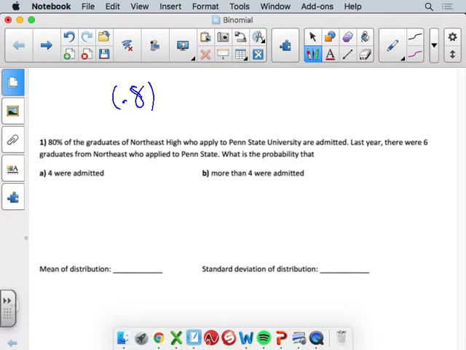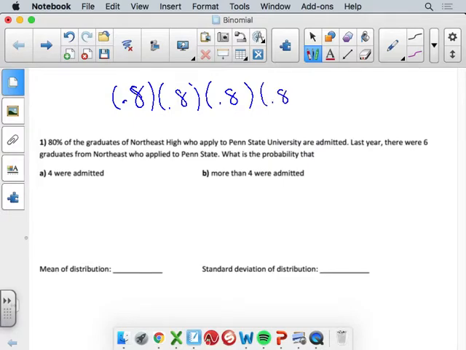So 80% is for one person. I've got 6 people, and I'm going to say that 4 of them were admitted. So what I'm going to do is multiply, because think about flipping a coin. The probability of 2 heads would be 50% times 50%. So I'm just going to multiply the probabilities.